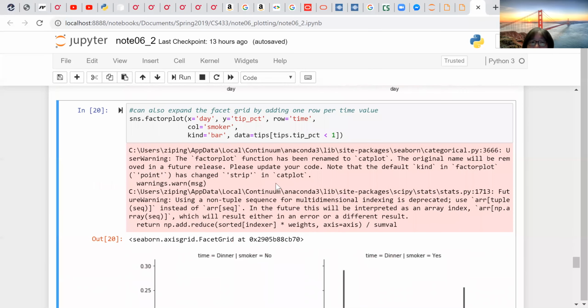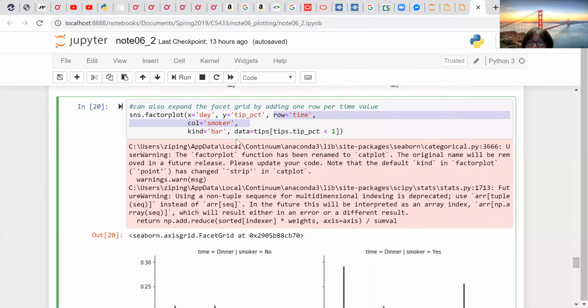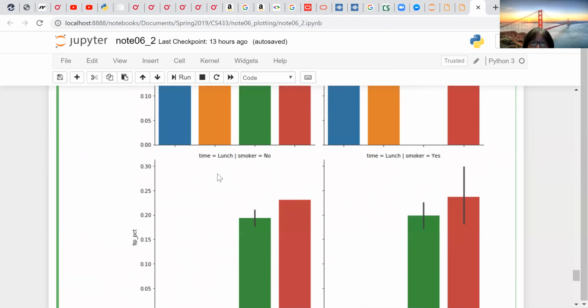And the second factor plot example, if you compare with the previous one, also specifies row, not just column. If we look at the output, we will see two rows of plotting versus the single one of the previous one.